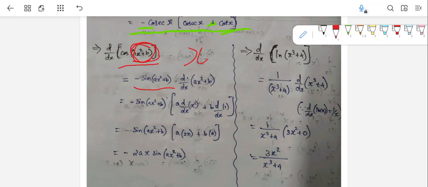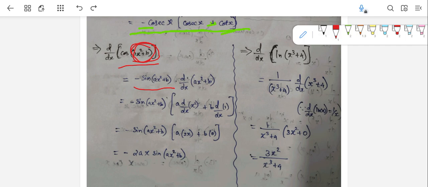If you have x power n, it means this base value. If you have an exponential, e power x, it means this x value. Those values you need to differentiate again with respect to x. But in the formula, simply x is there. That's why I directly write dx by dx, right?